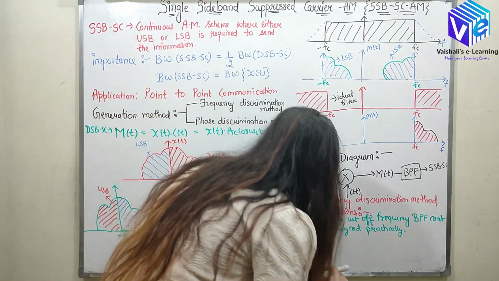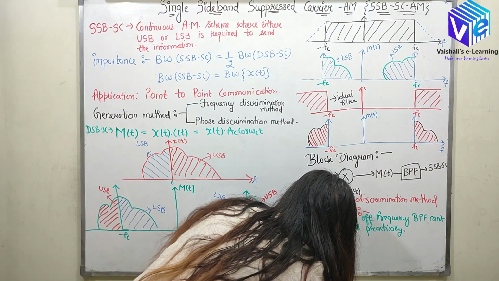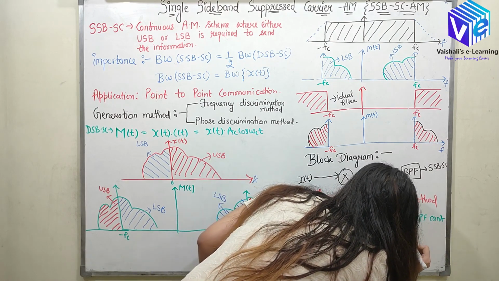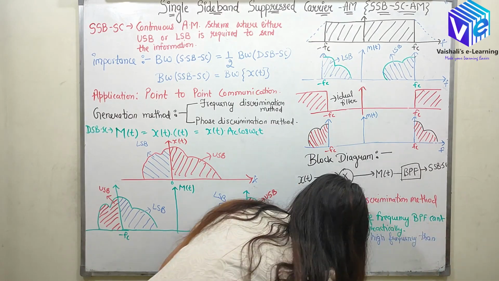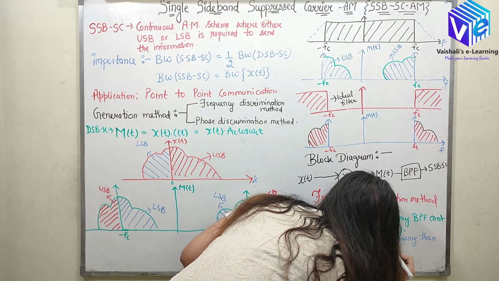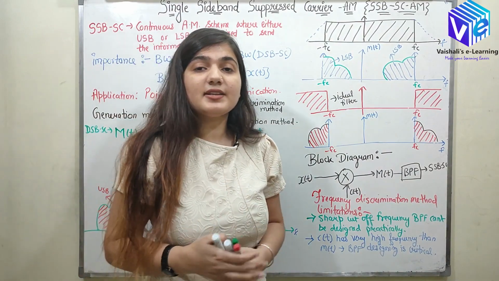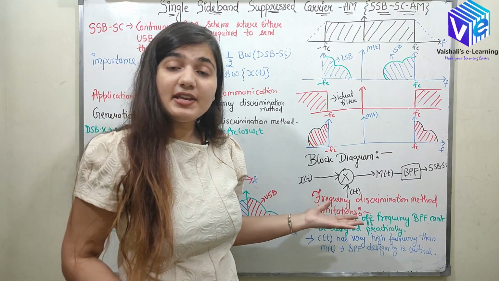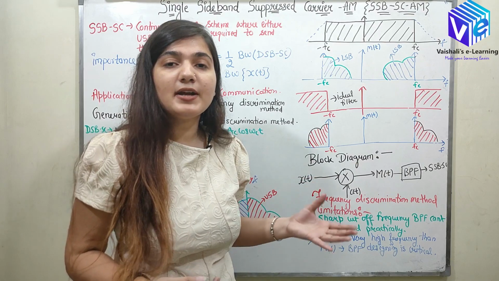So now the second limitation is the band pass filter designing would become critical, because the carrier signal is having very high frequency and the message signal is having very low frequency when compared to the carrier signal.